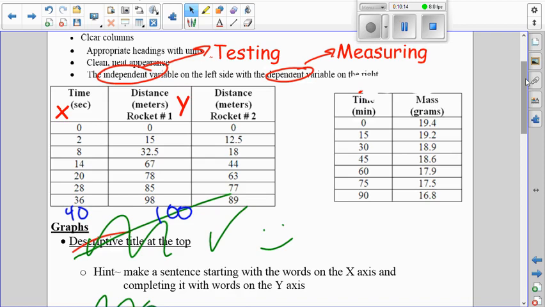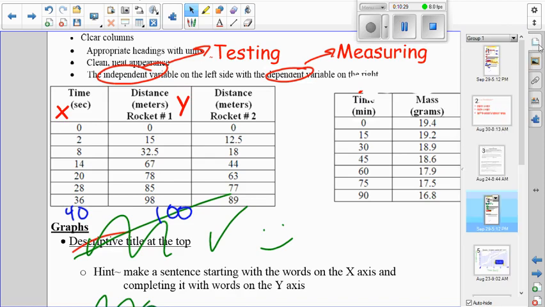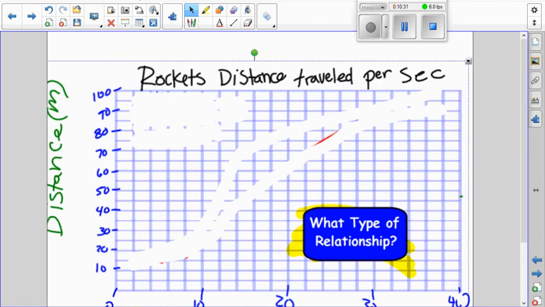Give me a black and an orange, or a red and a green, or a blue and a yellow. Just 2 things that stand out from one another. A lot of people like to use their regular pencil, so that's a gray, and then just pick 1 color. Whatever you want. On my graph, I went with red and green. You can do whatever you want, as long as it's easy to see the difference.